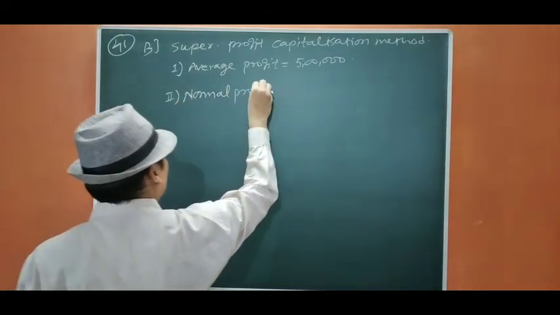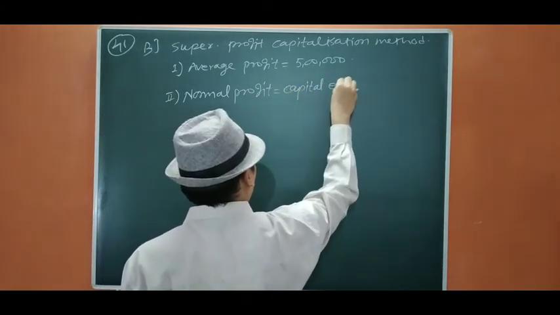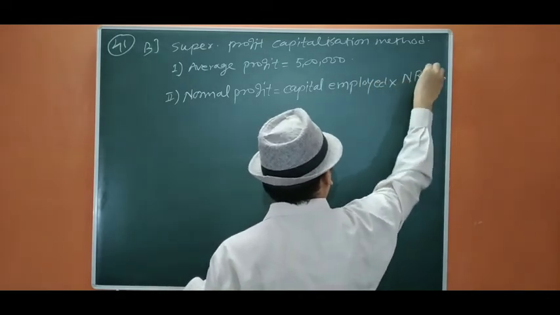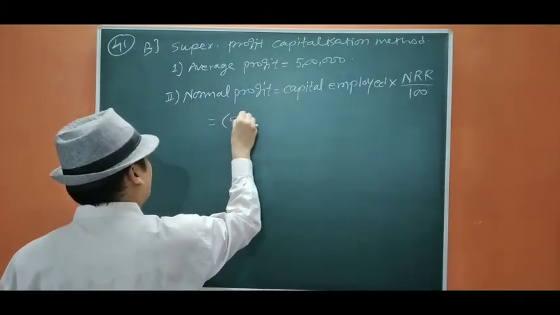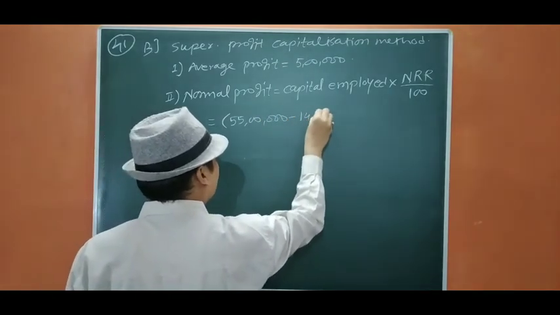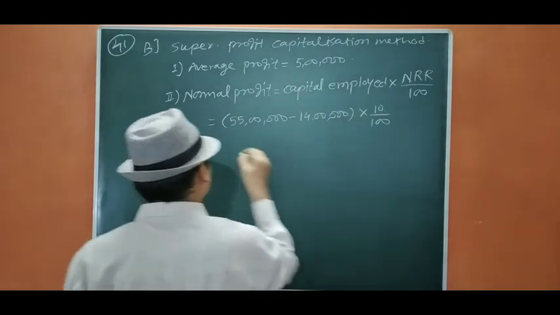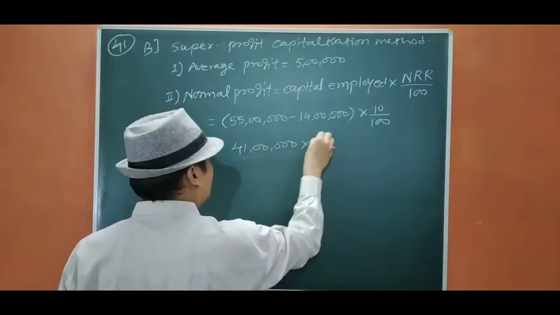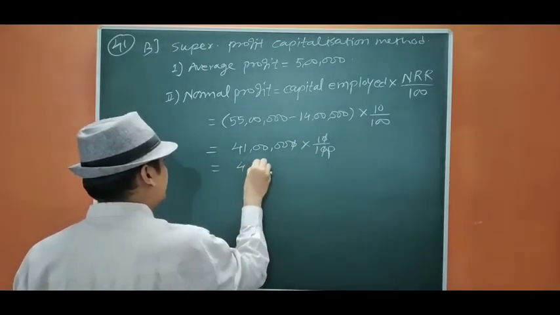So normal profit equals to capital employed into normal rate of return upon 100. Assets are given 55 lakh minus 14 lakh external liabilities given, into normal rate 10 by 100. Okay, so it will be 41 lakh into 10 by 100. So it will be 4 lakh 10,000.